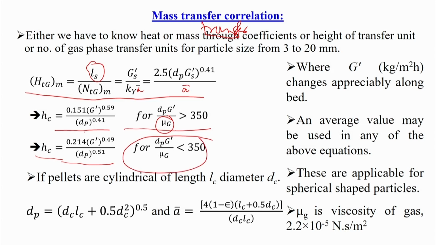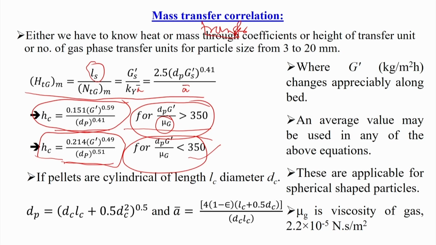So whenever dp into g prime by mu g is less than 350, we get Hc using this formula. When it is greater than 350, we get Hc using the formula 0.151 into g prime to the power 0.59 by dp to the power 0.41.